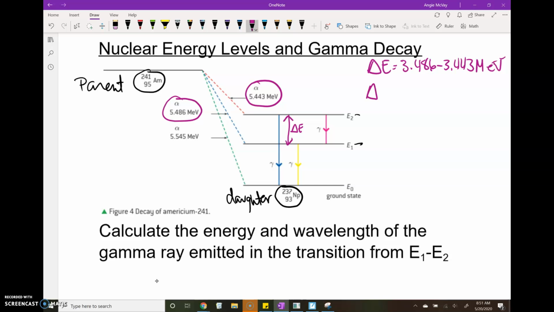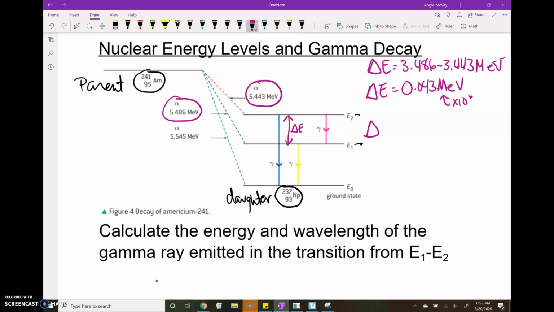And we would get delta E equals 0.043 mega electron volts, which, remember, mega is times 10 to the 6. And so if we wanted to find how much energy was released, we just subtract the energies of the two alpha particles that were responsible for the decay to one of those specific energy levels.